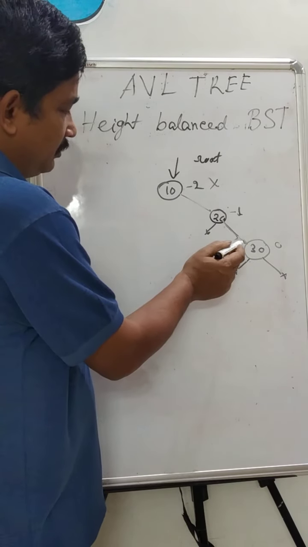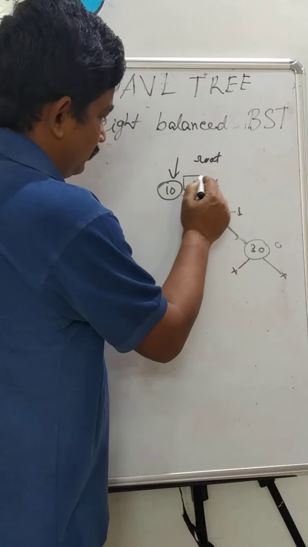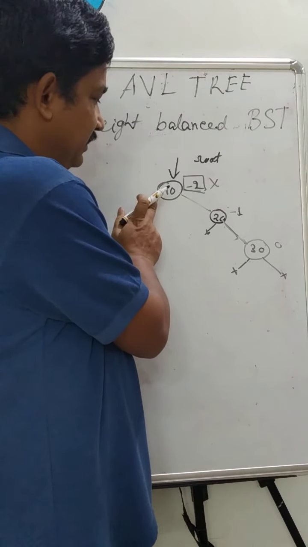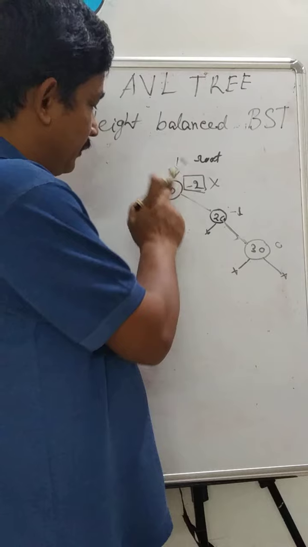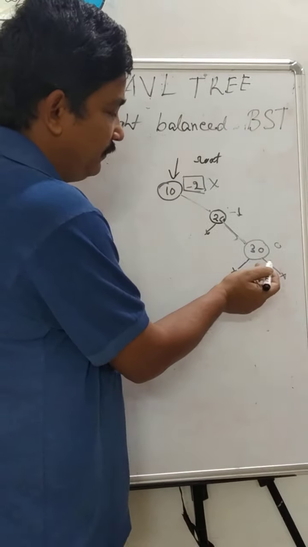Here, this node having the -2 balance factor is under imbalance, and this node has gone under imbalance due to the insertion of this value 30.